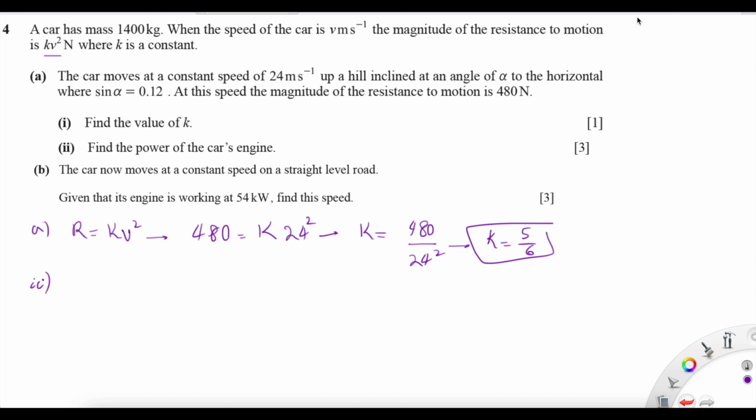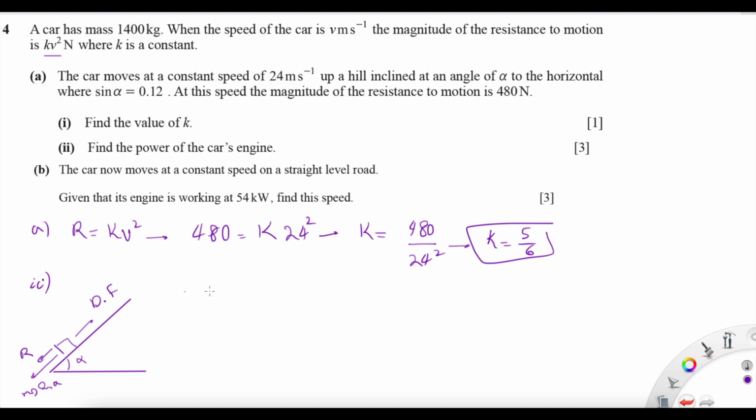For the second part, I construct a diagram. So it's a car. We have driving force, which has upward direction, resistance opposite, and here we have also mg sine alpha. This is the angle alpha.